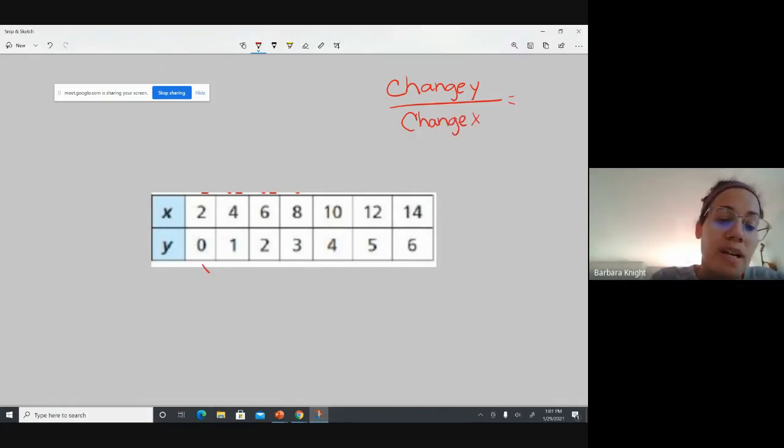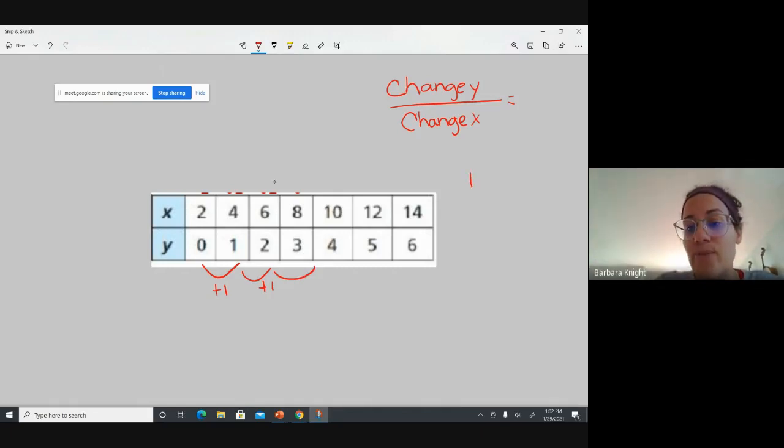Your change in y from 0 to 1 is plus 1, plus 1. It's plus 1 all the way through. The change in x is plus 2, plus 2. So 1/2 is going to be your rate of change, or your slope. So y equals 1/2 x.